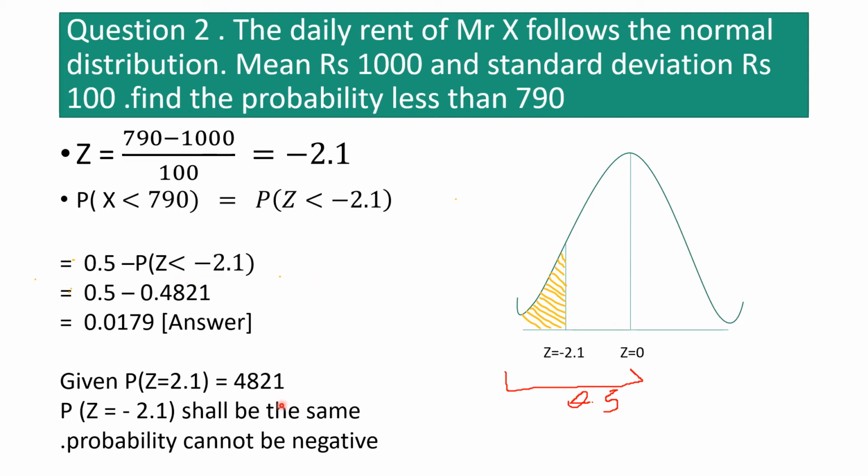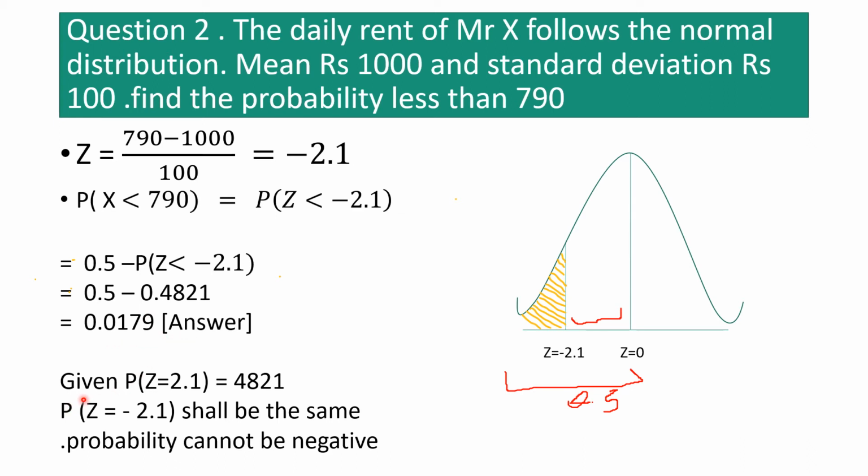You will subtract the probability of this area from 0.5 and you will get the desired answer. So the answer is 0.5 minus probability of Z less than minus 2.1. This is 0.5 minus 0.4821. The value of 0.4821 will be given to you clearly in the question paper. Answer is 0.0179, which is the desired answer.